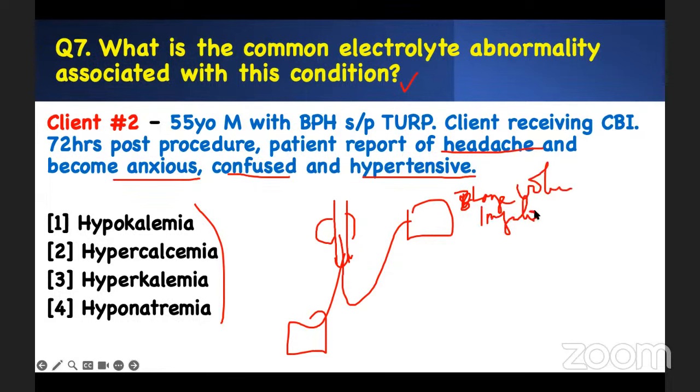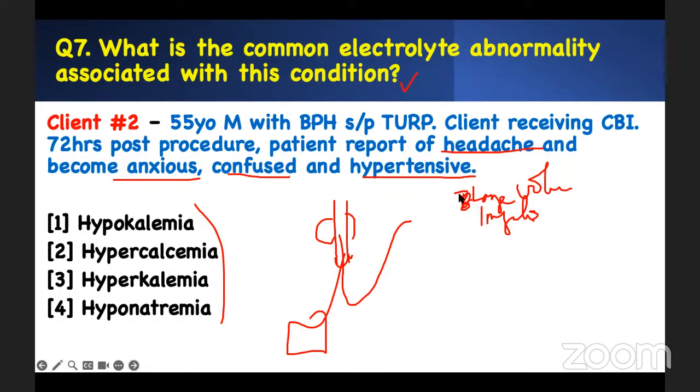This can happen in 3-4 days, large volume. Most of the fluid is hyponatremic. Or the easy way to explain it is it's not isotonic fluid, so it has a lower sodium level.